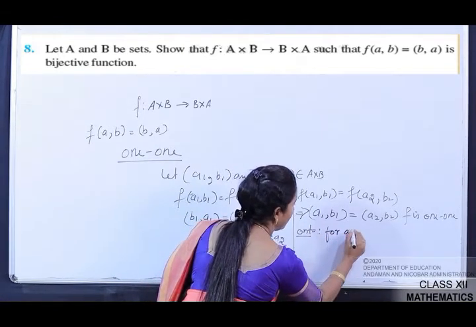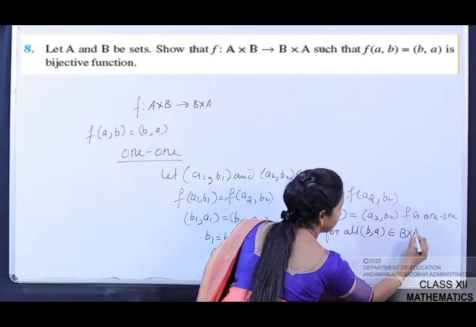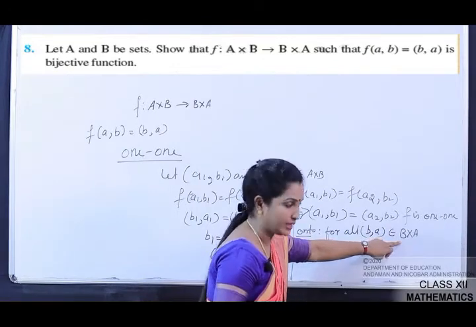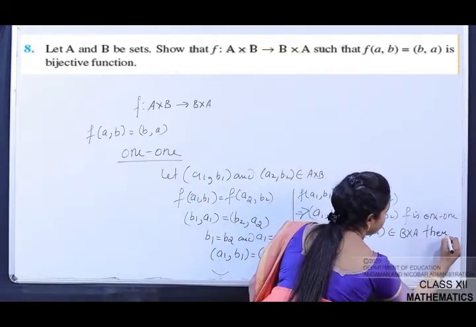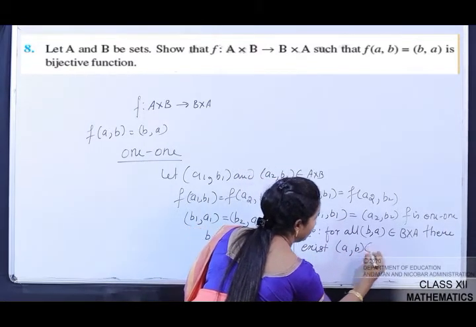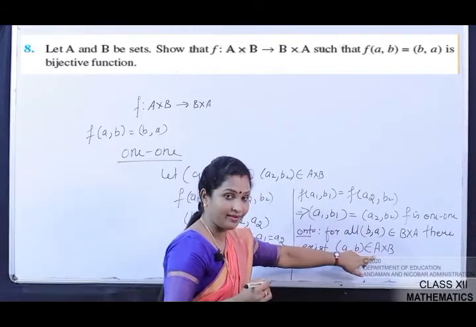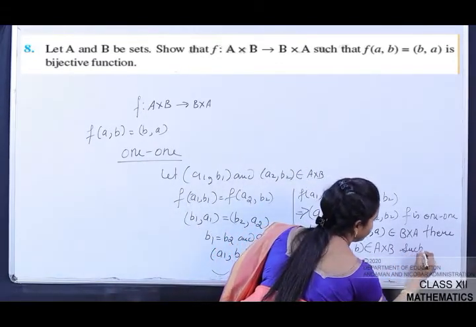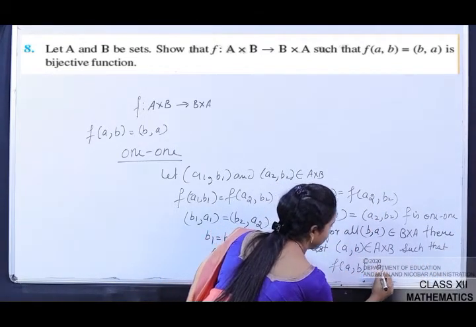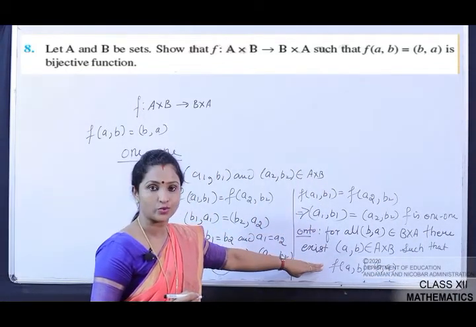For all b comma a belongs to the codomain, b cross a is the codomain. हर एक ordered pair जो codomain में आप लेंगे, there exist a comma b belongs to a cross b. There will be an ordered pair ab in the domain such that f of ab is equal to ba. Clear? So you have proved that the function is onto.